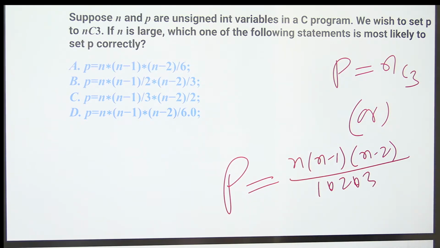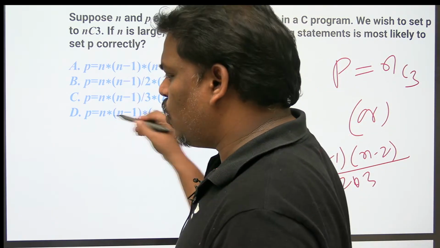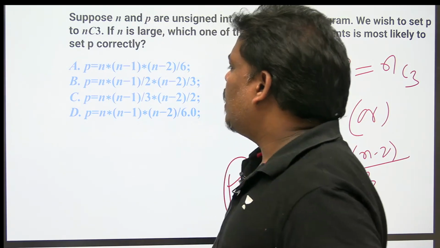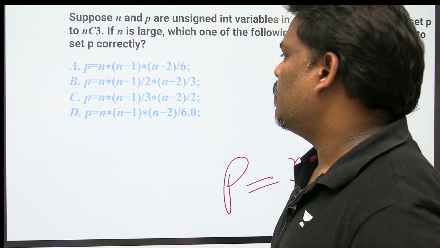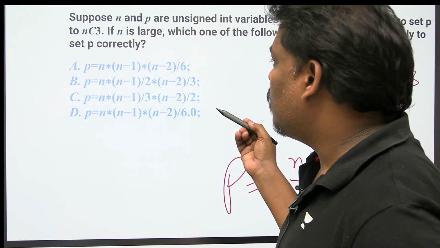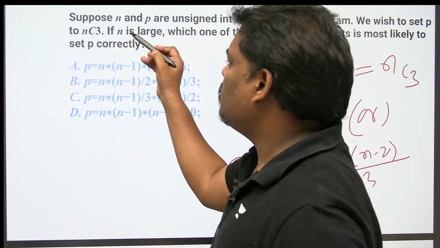P is equal to nC3 means you want to set p to this. What is the correct one? But if you observe clearly, it looks like all are correct. But what will be the answer? I think the tricky part is this one.